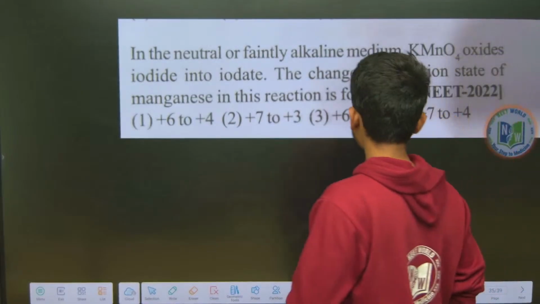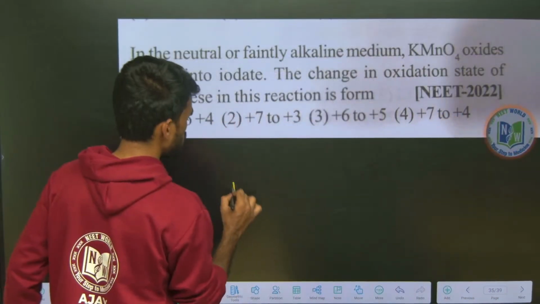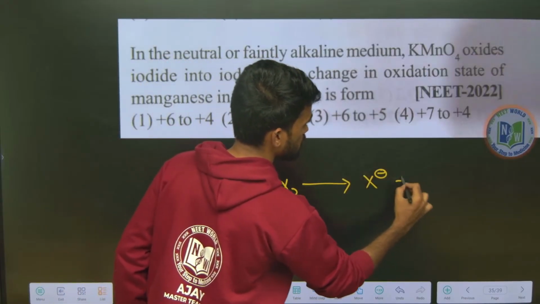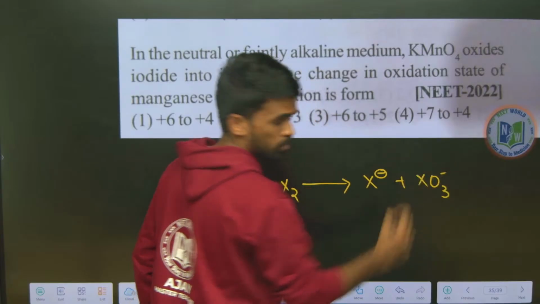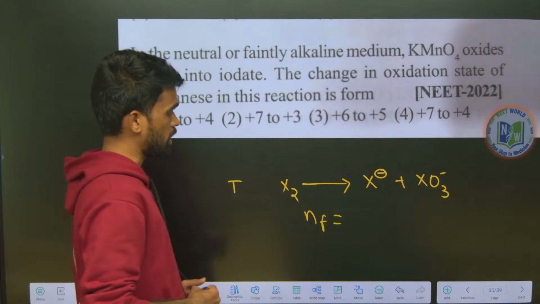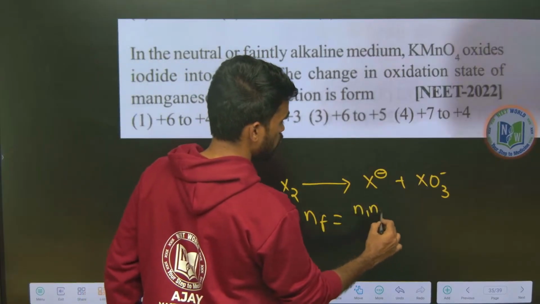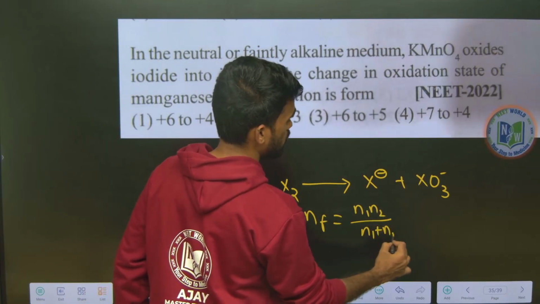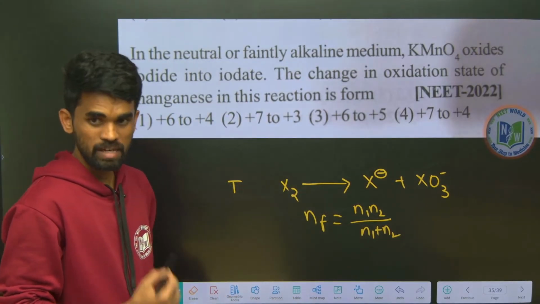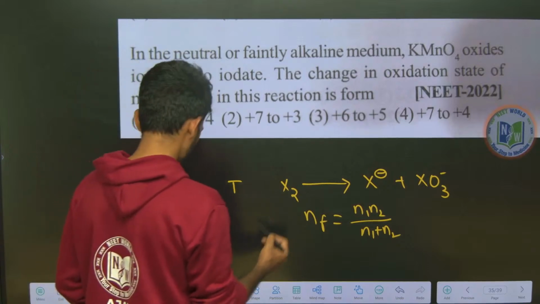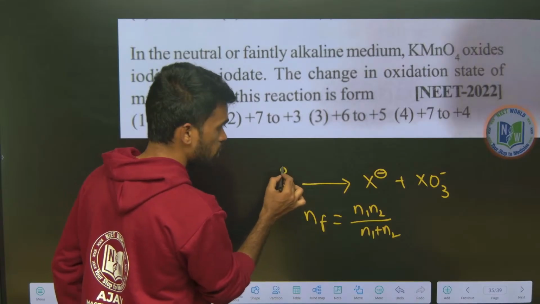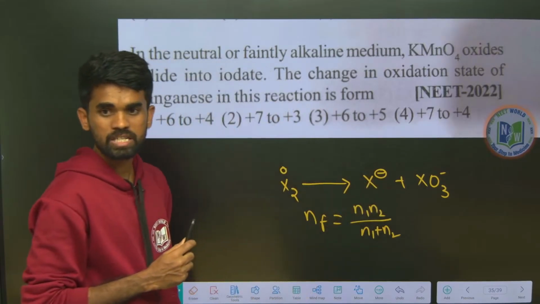When I say a species X2 is undergoing disproportionation, forming X minus and XO3 minus, what is the n factor of this X2? You take N1 N2 by N1 plus N2. N1 is for X minus: X2, 0 converting into minus 1, is that oxidation or reduction?